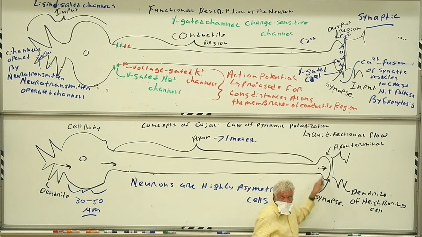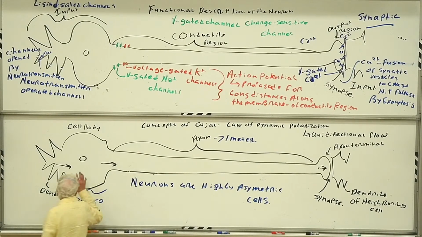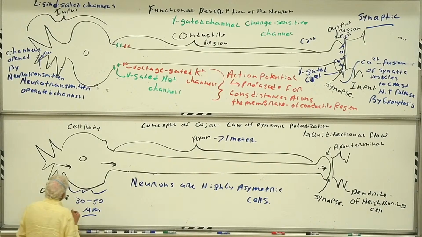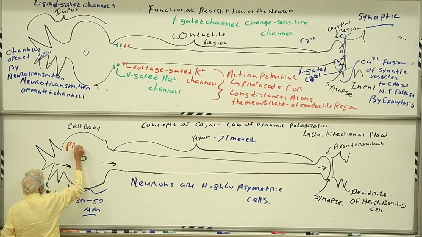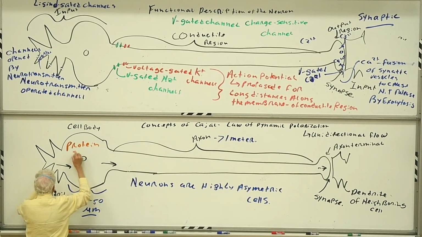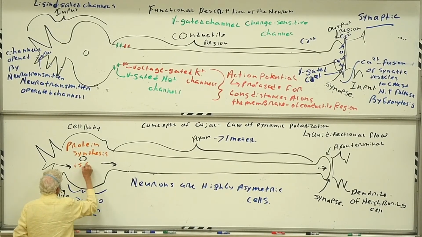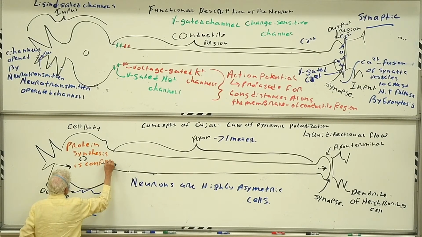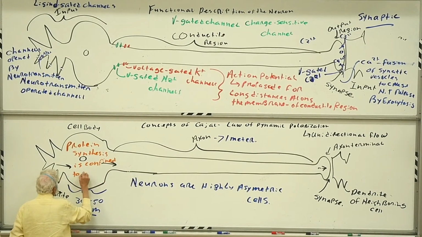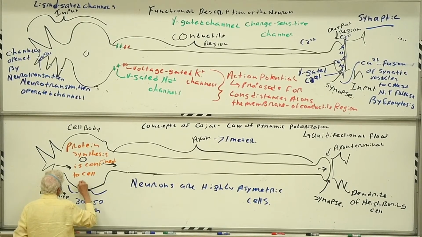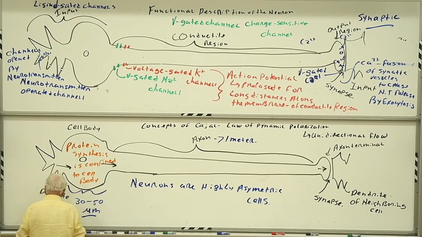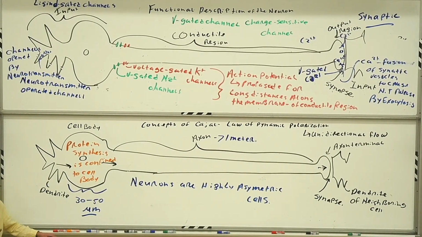And yet the rules are the same. There's a neuronal cell body, there's an axon, and most importantly, protein synthesis is confined to the cell body. Now the rules here are pretty much the same as we talked about earlier when we talked about cell biology.